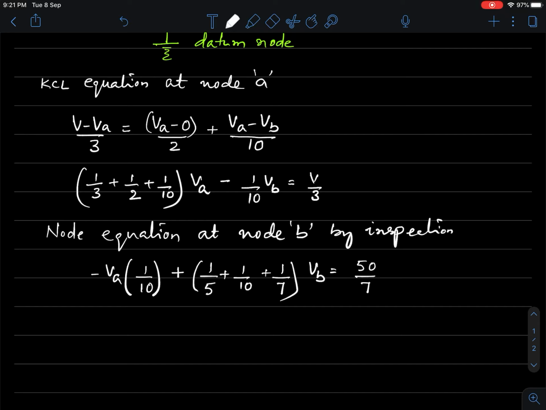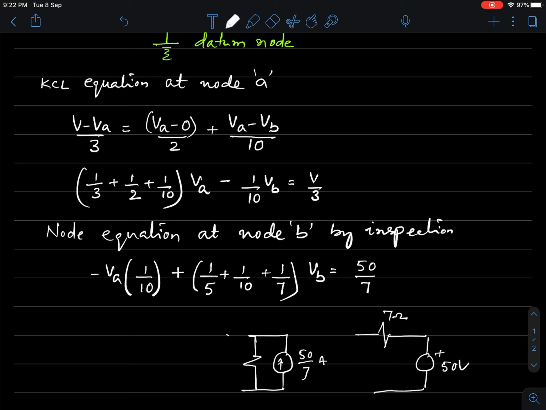As a side note, I'll show you. This is 7 ohm. This is my 50 volt source and this is 7 ohm. If I convert this into a current source, it becomes simply 50 by 7 amperes of current pumped out of the source, and this source has got 7 ohms across.